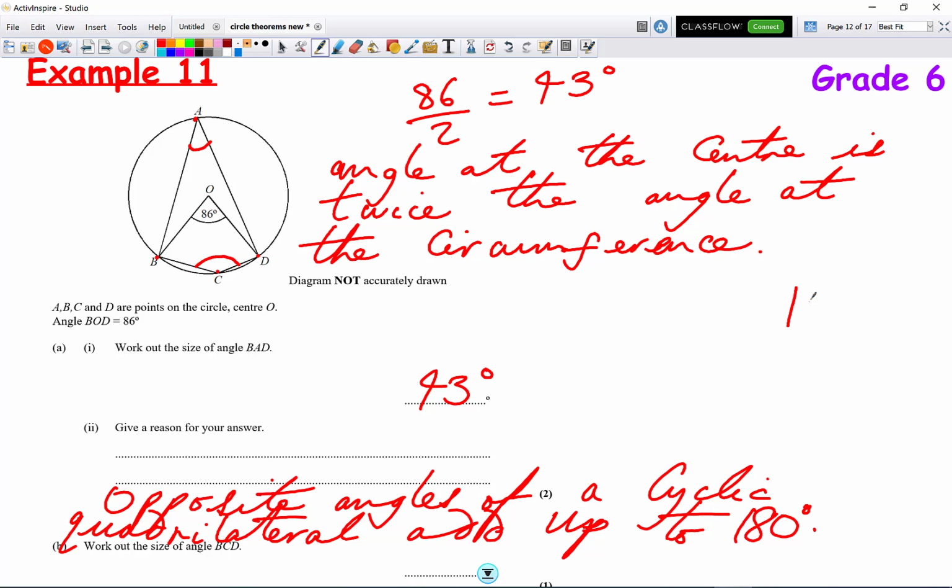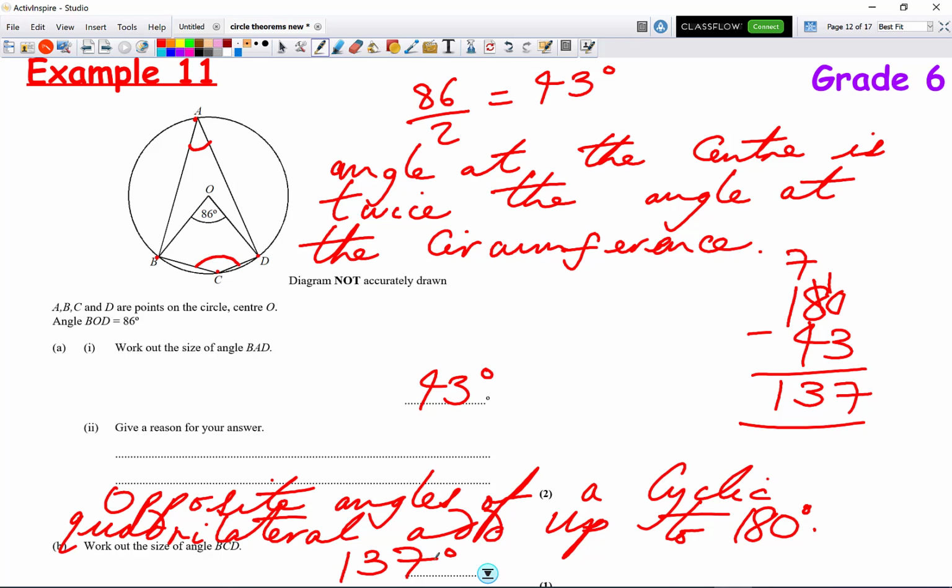So now we can just do 180 degrees minus 43. So we get 10 minus 3, which is 7. 7 minus 4, which is 3. And we get 1 on its own. So we get 137. So the answer is 137 degrees.